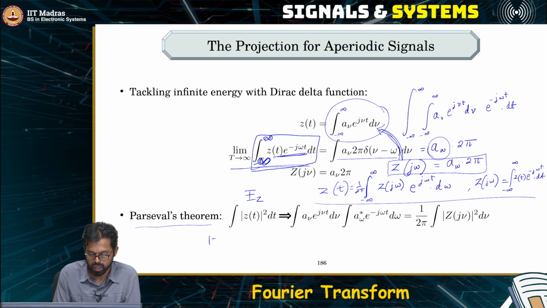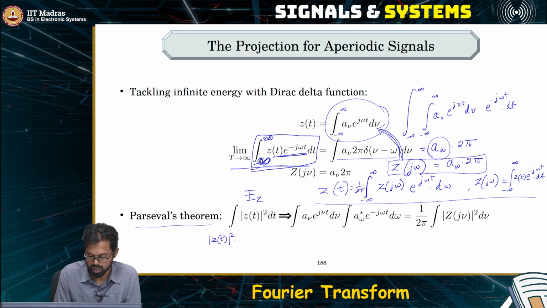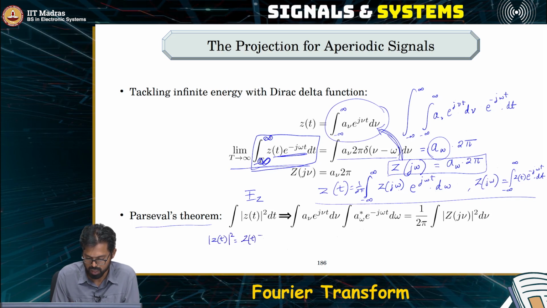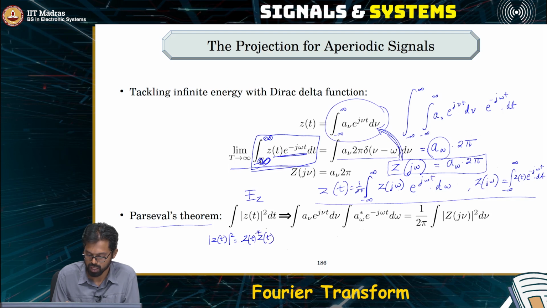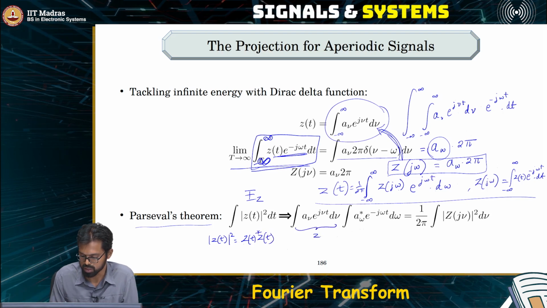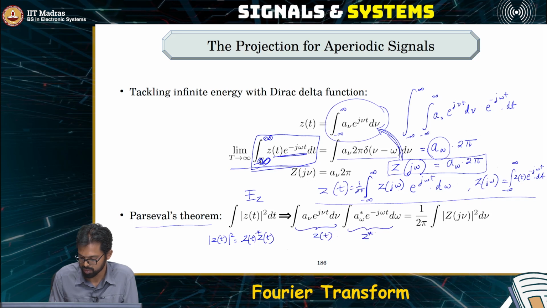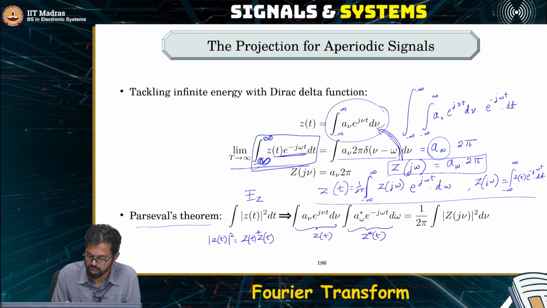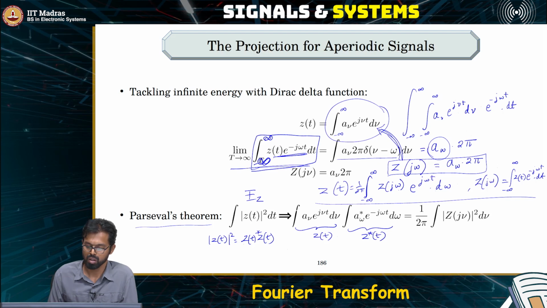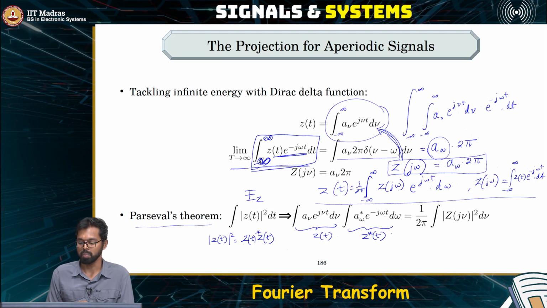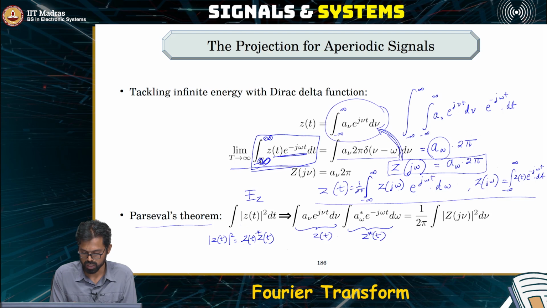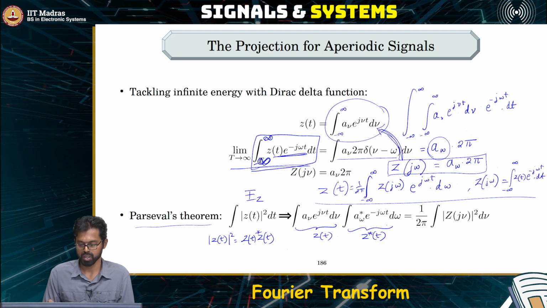So we know that the squared magnitude of z of t is equal to z of t times z of t the whole star, and that is what we have here. This is z of t and this is z of t star. So this is only the magnitude of z of t squared. We are not integrating with respect to time now.